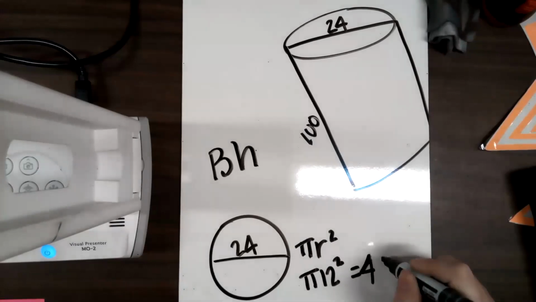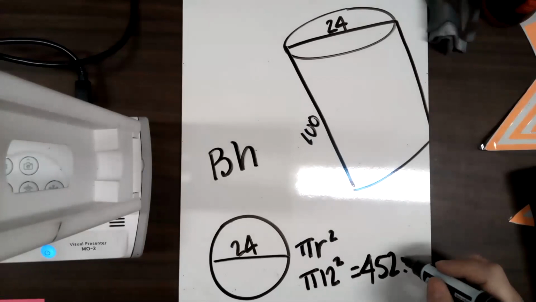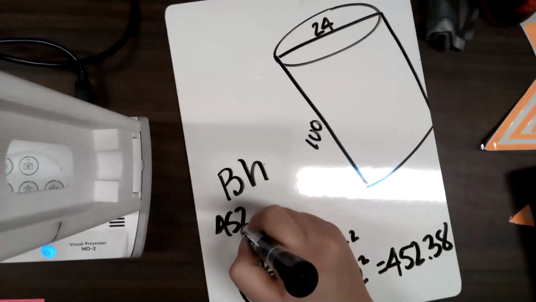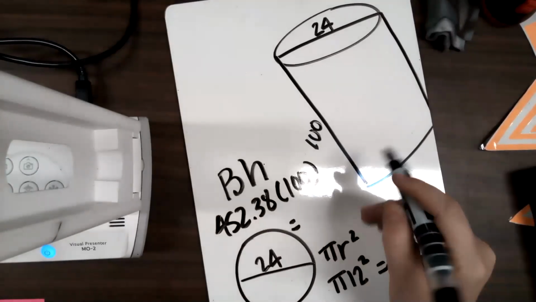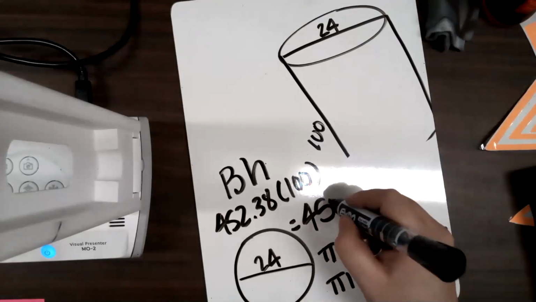So you should get 452.38. So then we're going to do 452.38 times my height, which is 100. And the answer you should get will be 45,238.